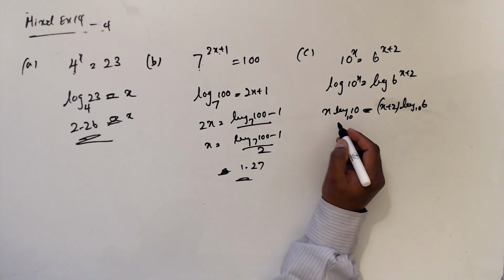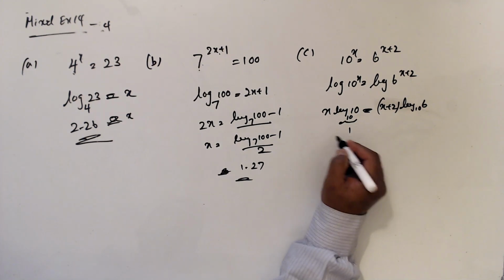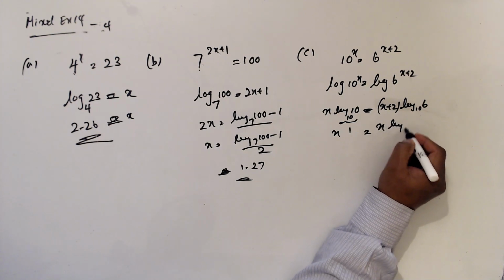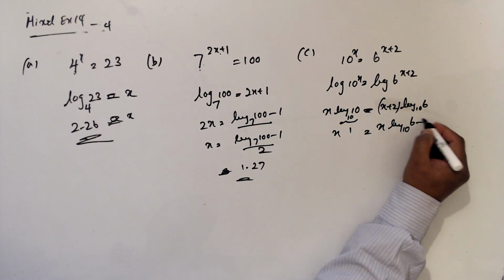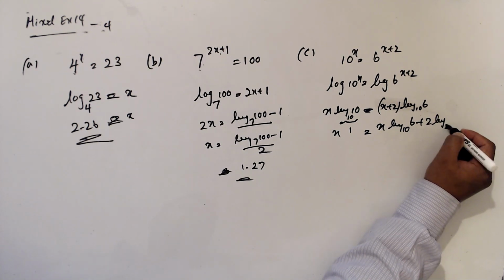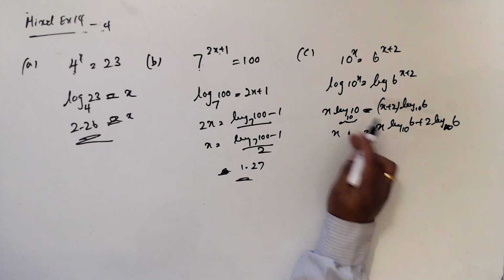So logarithm to the base 10 of 10 is 1. And this is going to be x logarithm to the base 10 of 6 plus 2 logarithm to the base 10 of 6.